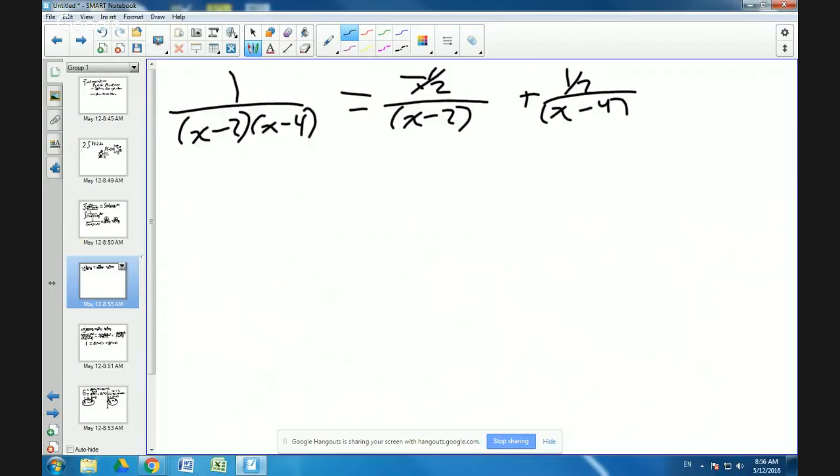Now we can integrate, once again, both sides of the equation. And when we integrate this side, we can integrate each part separately.